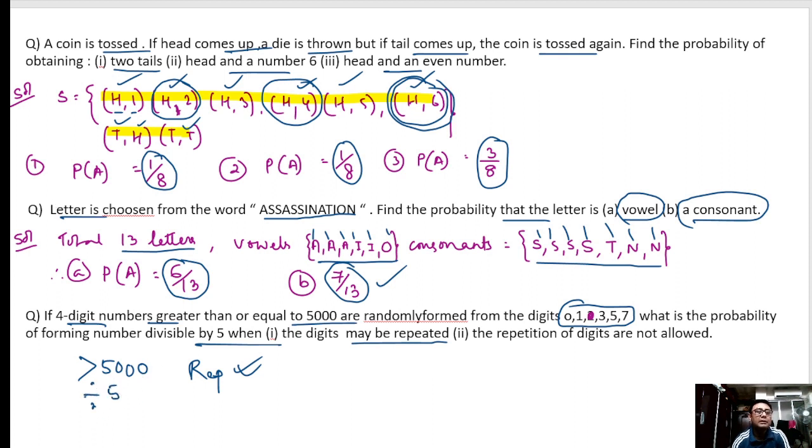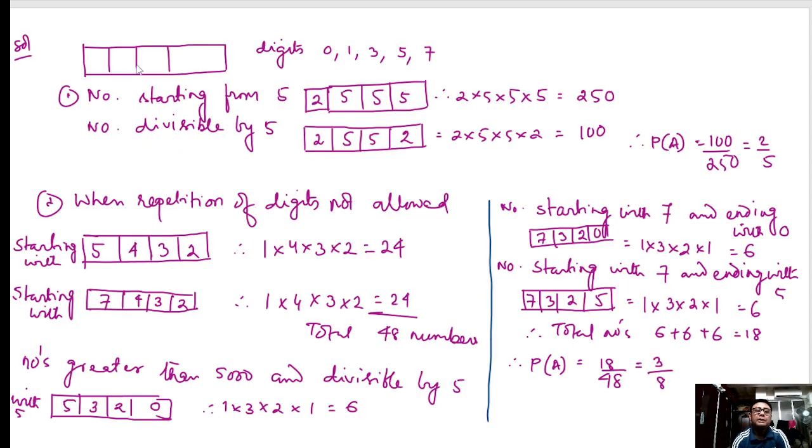So keeping this, let us see how to make it. So this is that 4-digit number. You have to use these digits. Okay, so first of all, remember it should be divisible by 5. And you can repeat the digits.